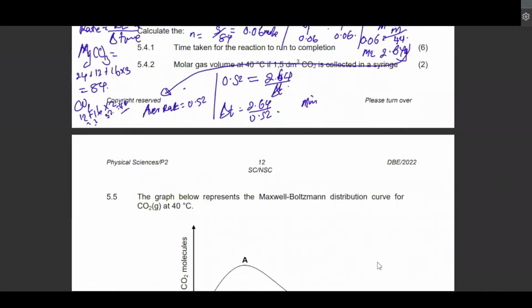So after calculating it is 5.0, 5.1, 5.07, okay, 5.1 minutes.